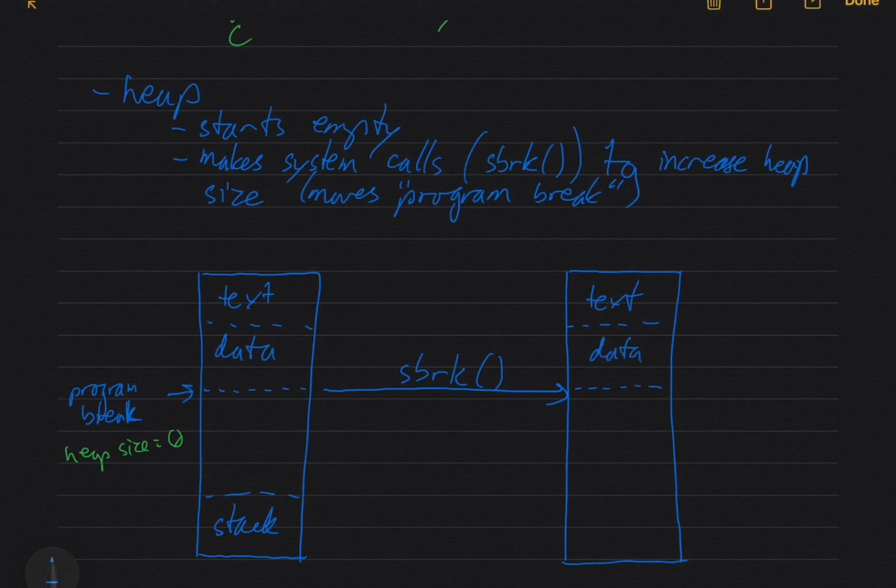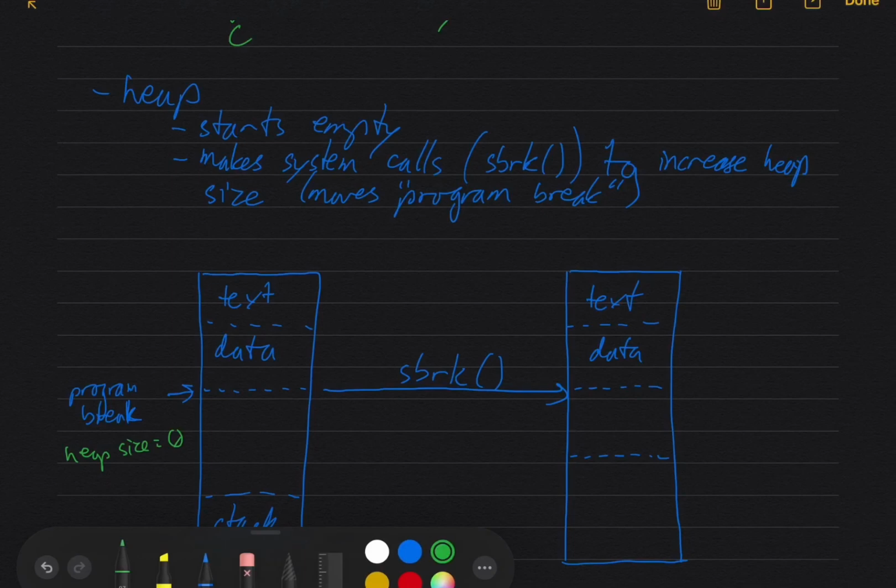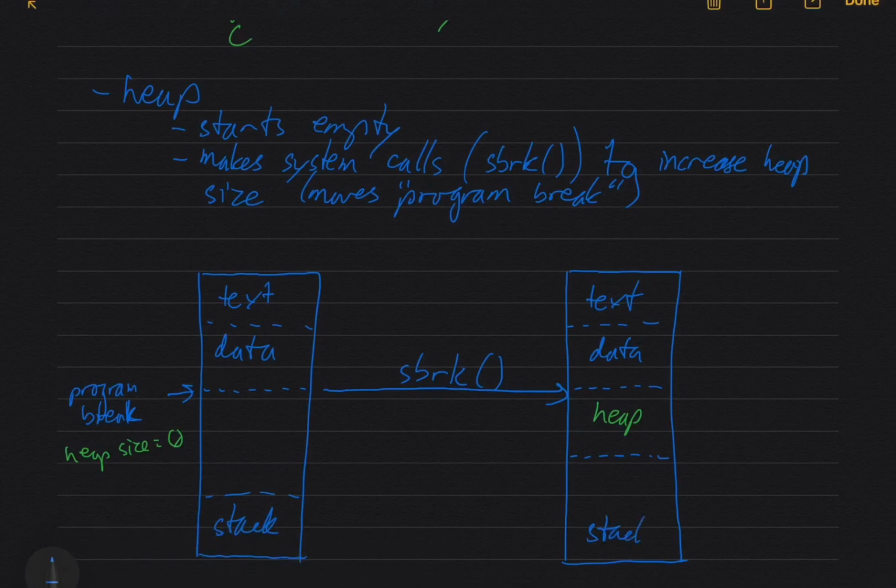So there's our text segment, our data segment, and now we have created some space for our heap, and we have our stack down at the bottom here. So now the program break is right here.